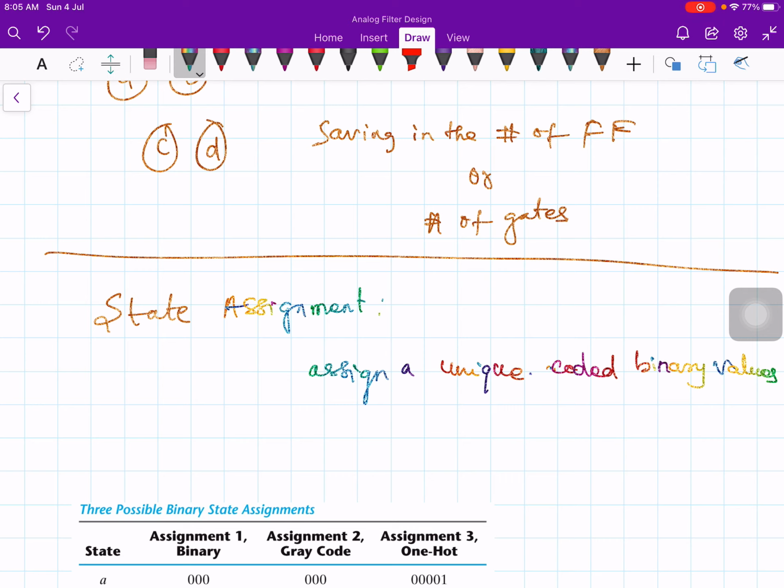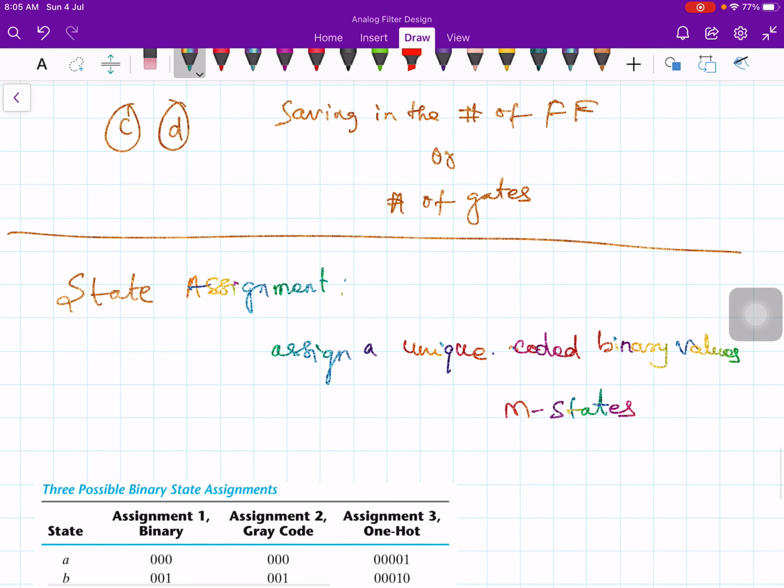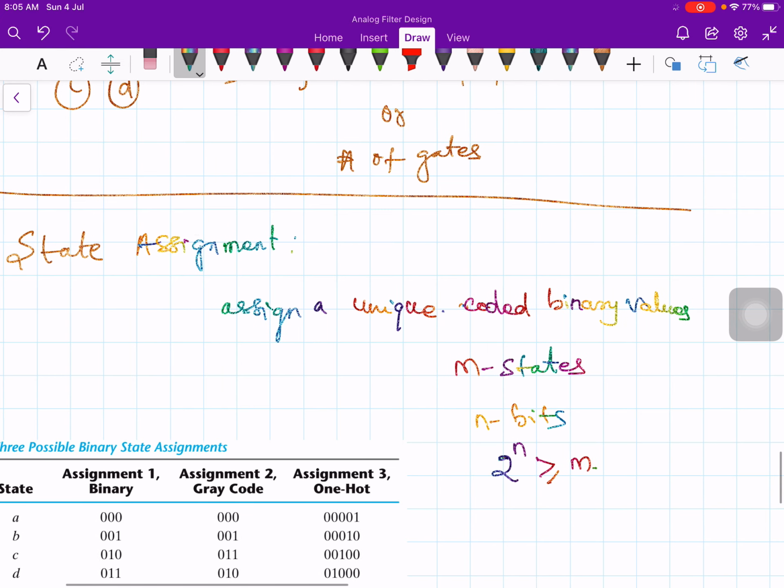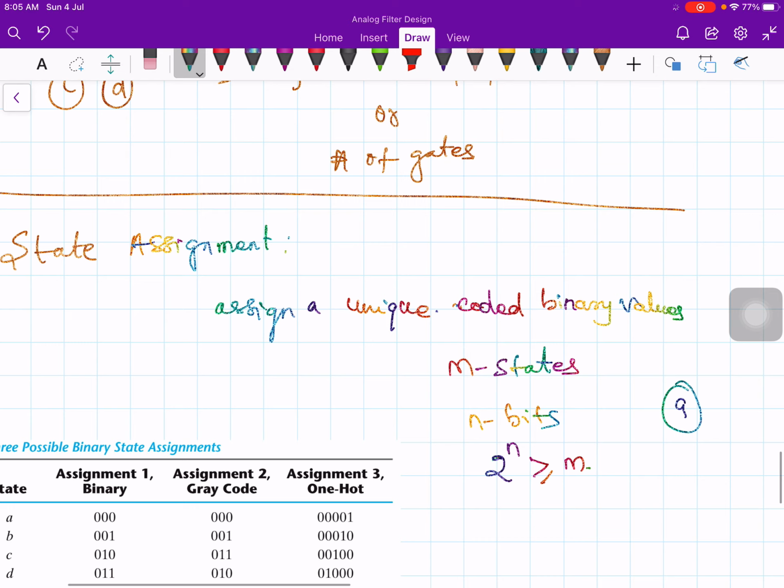So let us say I have a circuit with m states. Therefore, for a circuit with m states, the codes must contain n bits. Now how are n and m related? 2 power n must be greater than or equal to m. For example, I have 9 states.